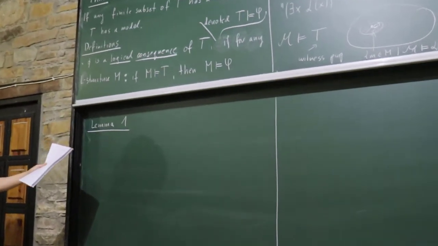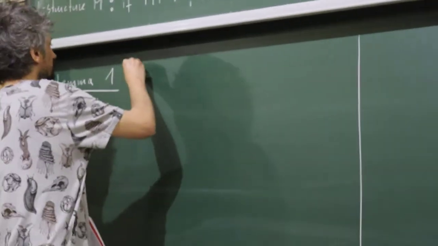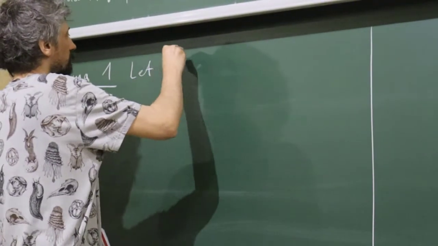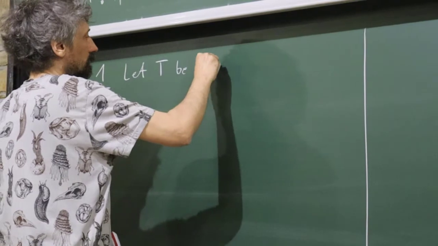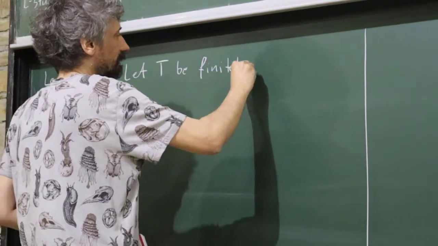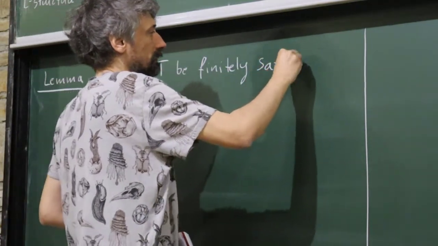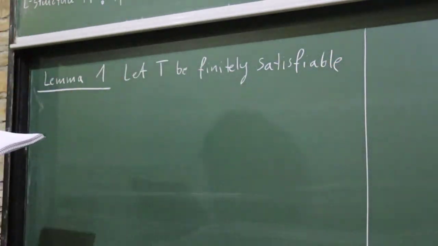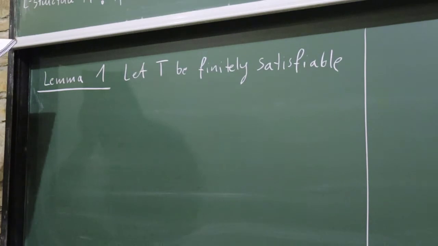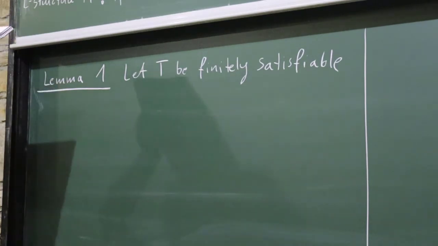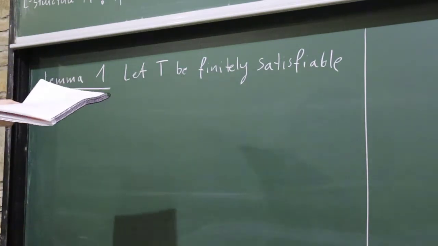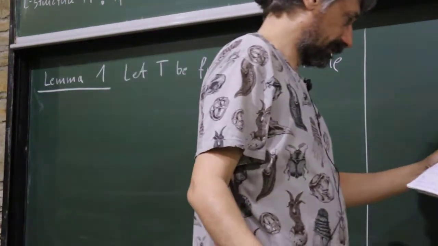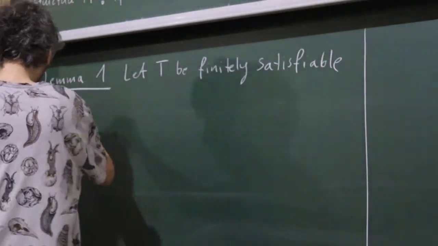So assume T to be finitely satisfiable. Now I connect the definition of logical consequence with just belonging to the theory. Finitely satisfiable and maximal.